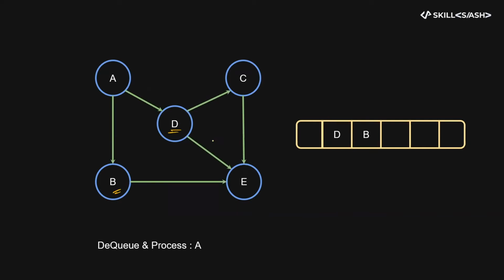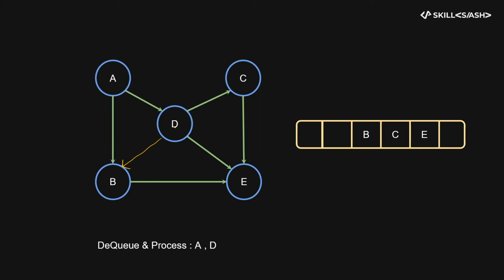You continue the same process. For D, the adjacency node is C. Now, when you do that, you just have to make sure that the same node is not coming again and again. Let's say you have this kind of link as well. When you have processed A, you might have pushed B and D into the list.